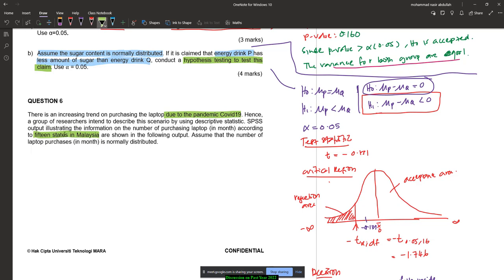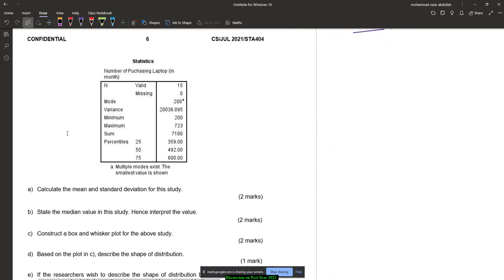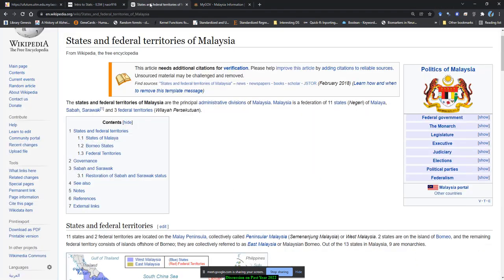So assume the number of laptops purchased in a month is normally distributed. So we have 15, valid 15, or maybe I think this question is based on Wikipedia. I think it says 11 states and they combine with 3 federal territories, Labuan, Putrajaya and Kuala Lumpur, right?